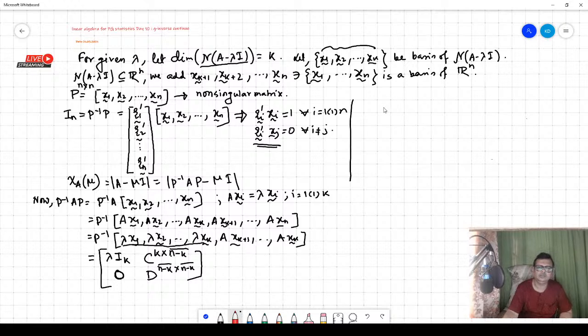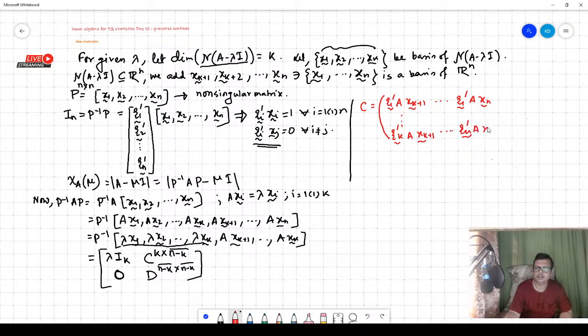Where C is equal to xi1 prime A xk+1 curl, ..., xi1 prime A xn curl, down to xik prime A xk+1 curl, ..., xik prime A xn curl.